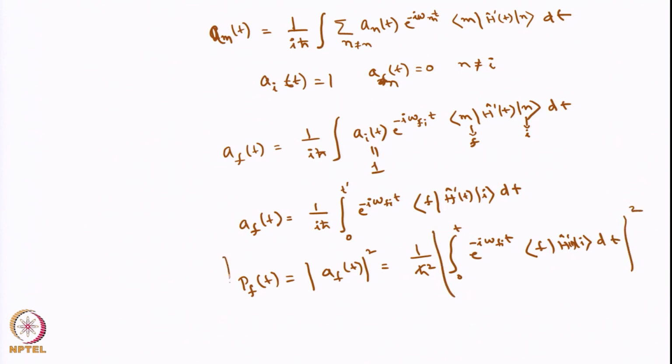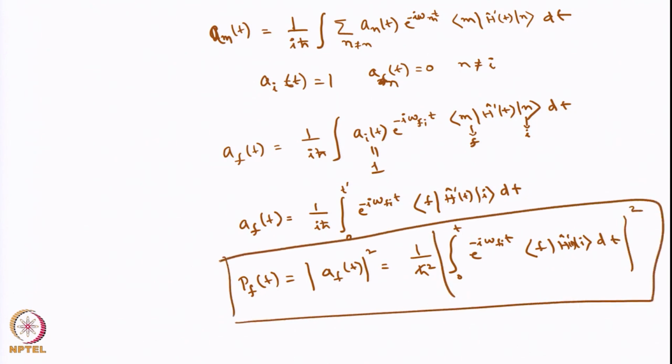This is the probability of finding the f-th wave function. So that gives the probability of a transition from the i state to the f state. We will stop it here.